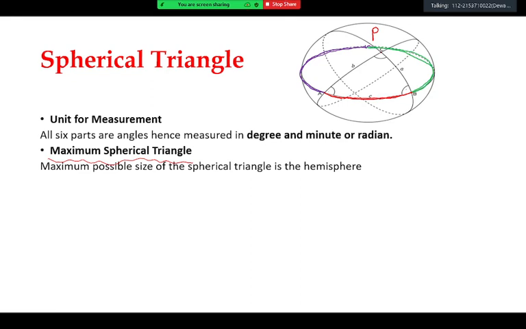It is approximately 360 degrees. Is it the sum of the sides or the sum of the angles? Which one do you want to say? Side or the angle? The sum of the sides of the triangle is 360, or the sum of the angles of the triangle is 360? The sum of the three sides.